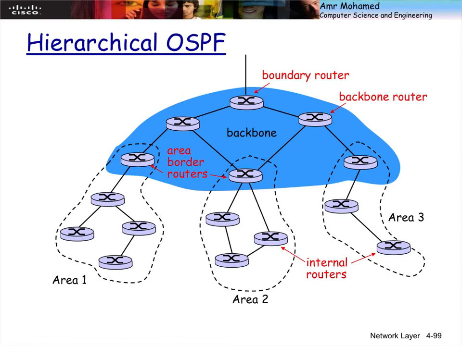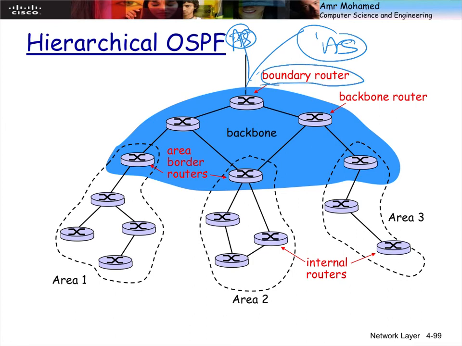The way that we organize these areas is through area 1, area 2, and the backbone area. The backbone area is the designated area which connects this autonomous system to other autonomous systems. So we have a boundary router.